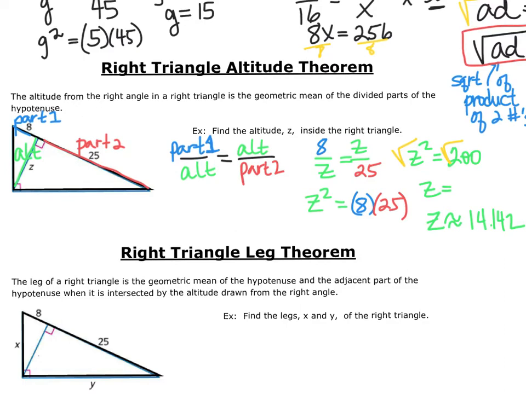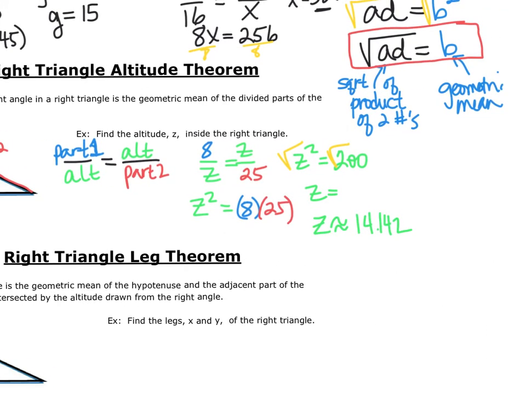Do you remember how to do that? Let's see, we have 200, and we want to factor it into its prime factors, and then for every pair of prime factors, we have a perfect square. So we can pull that out and leave what's left underneath. So let's start factoring.